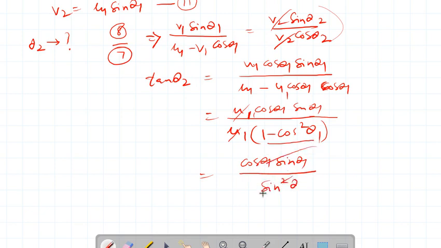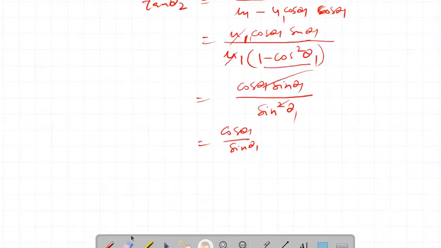So this will cancel out with it. So it means it is cos of theta 1 over sin of theta 1. Right, that's what we are getting. Therefore, tangent theta 2 can be written as cot theta 1, because cos over sin is cot.